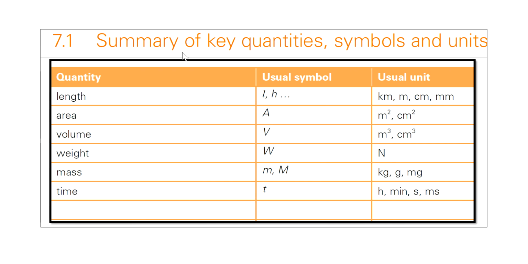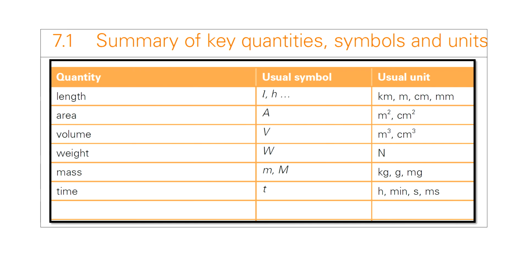Straight away write summary of key quantities, means physical quantities, with their symbols and units being used in general physics. I will let you know all the physical key quantities which will be used in your first term. This table includes half of them. Half is given the next page. I will share that page as well with you.